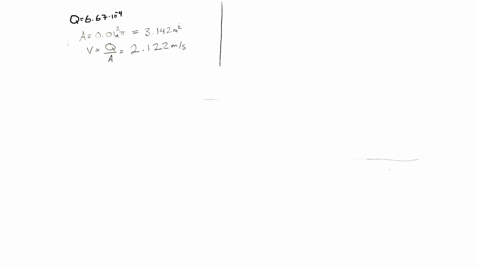So let's do that. The velocity is going to be Q over A. This Q is our 6.67 times 10 to the negative 4. Our area is 0.01 meters squared times pi, 3.142 meters squared. Okay. And the velocity comes out to be 2.122 meters per second.